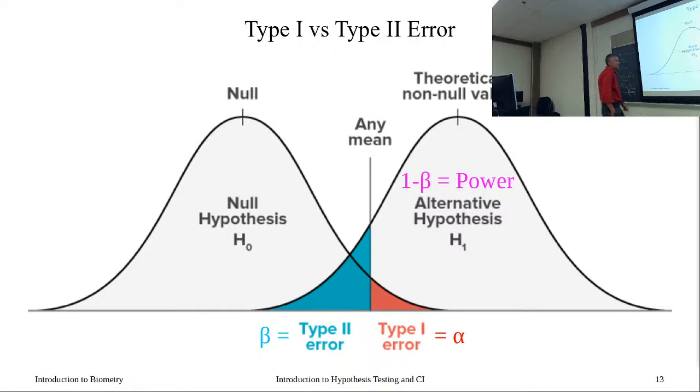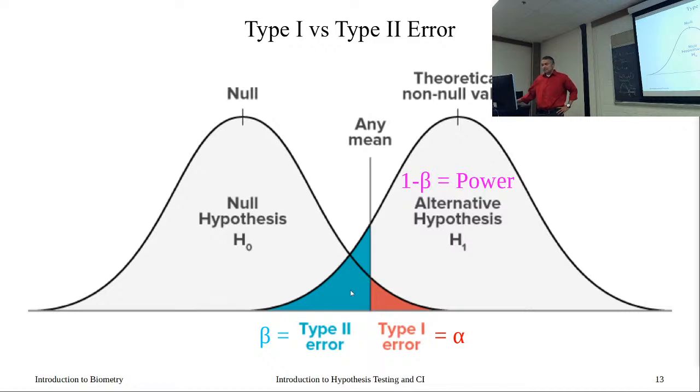So our type 1 error is this part of the curve. It's the area under our null hypothesis curve. Our type 1 error is set based on the null hypothesis, and we want to have 5% here. So this is the 5% that we reject, and it shouldn't be rejected.